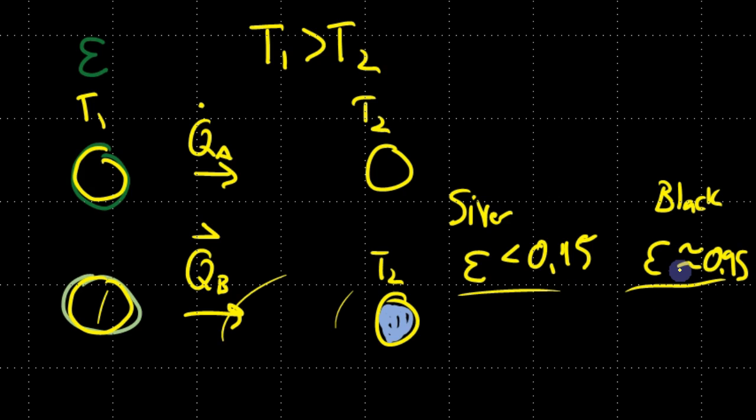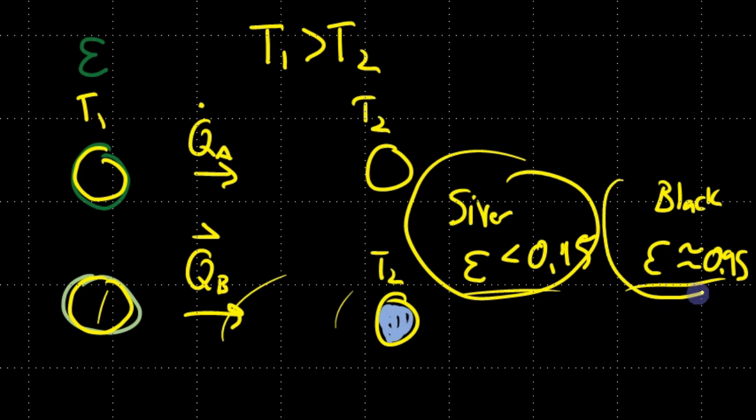So basically, by changing the surface of your material, assuming this was a metal ball or this was a black ball, you're going to be changing the interaction of the heat transfer. And this is an important concept to know when you are trying to measure temperature using a thermal camera.